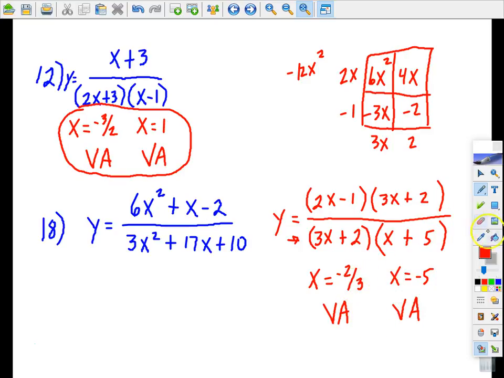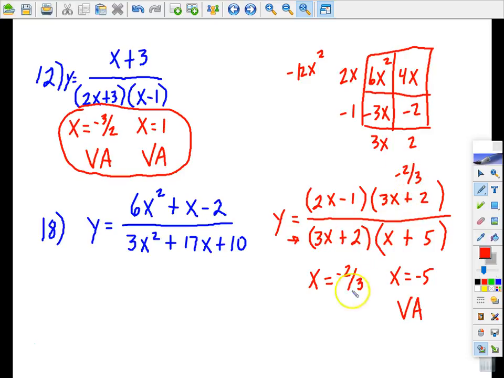Oh, I'm sorry. I'm not paying attention. I am sorry. We have one vertical asymptote. You probably recognize that. You're thinking, what in the world is going on? Do you notice that negative 2/3 makes 0 here? Yep, the same number that made this 0 on the bottom made that same binomial 0 on the top.